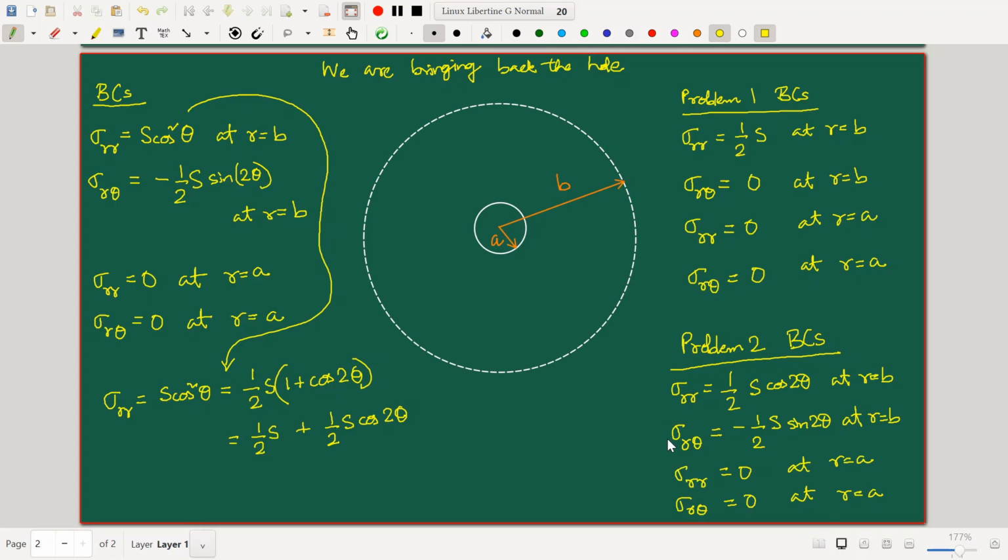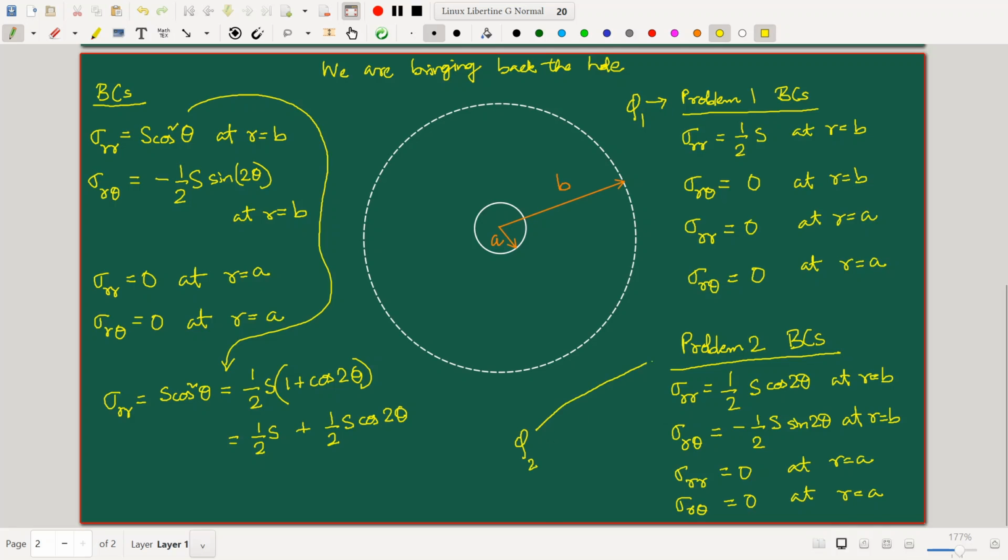Well, for that a little experience is necessary, or you can try a little trial and error, but it has been found already that if we take the form of phi, let us call this phi 2, because let us reserve phi 1 for this problem.